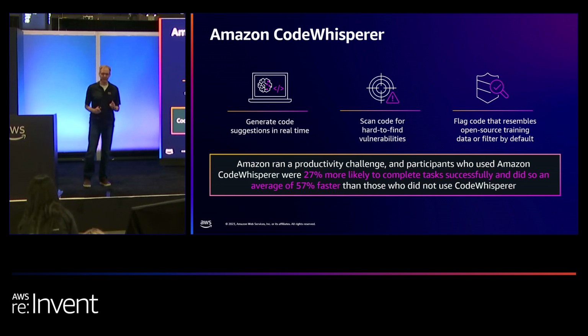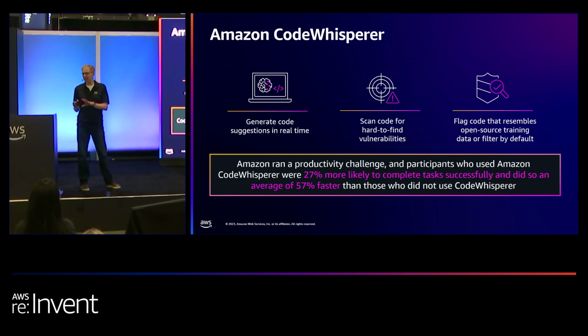The next thing that I really like is a lot of organizations are really concerned about the licensing of their code. There are different kinds of open source licensing, permissive and non-permissive open source licenses. And you don't want to include a non-permissive open source license in your code if you're not expecting to also open source your workload.